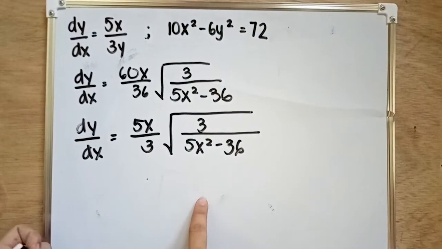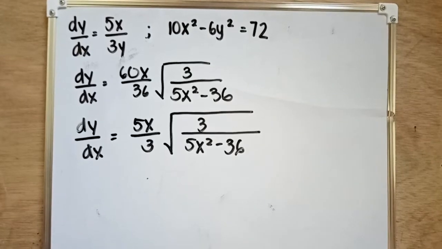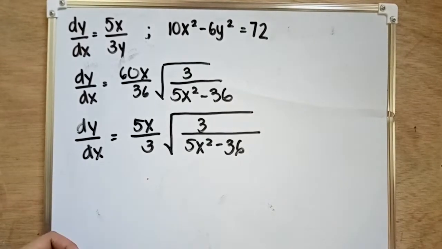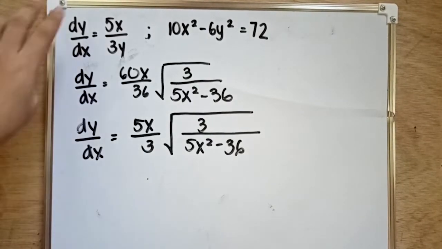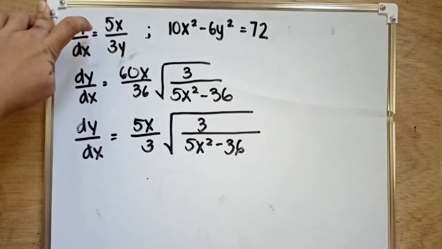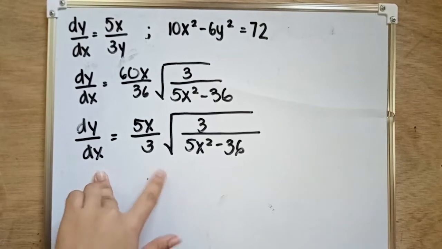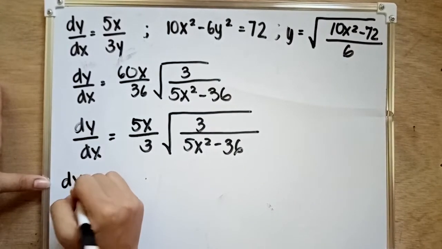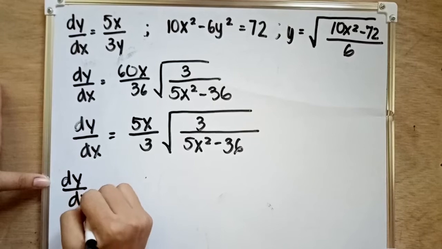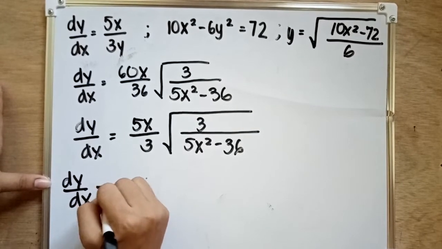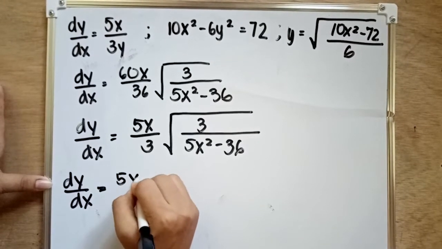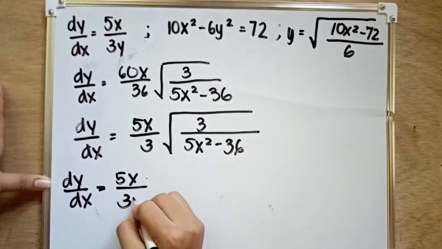So, ito yung nakuha nating answer by using explicit differentiation. Para malaman natin kung tama nga ba yung 5x over 3y, kailangan mag-equal ito sa ating implicit differentiation. Dy over dx is equal to 5x over 3y.